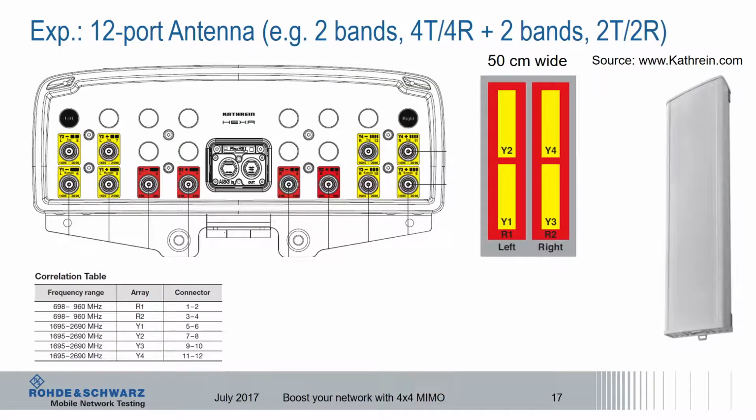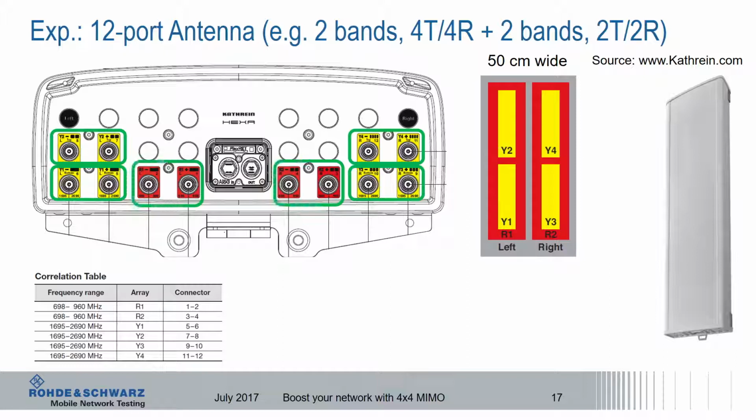It's getting more complex now, a 12-port antenna, and this covers 2 low bands, the same frequency range, and 4 high bands, also covering the same frequency range. This would mean we have here now 8 connectors for a high band. So here we have the possibility for a 4x4 MIMO scenario in 2 higher bands. For example, 1900, band 2, and AWS band 4.